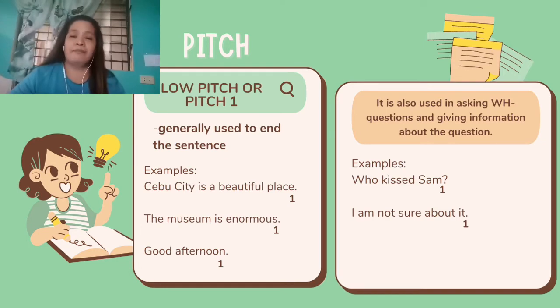Who kissed Sam? Makikita na ang low pitch sa dulo. Who kissed Sam? Bumababa. I am not sure about it. Yung sagot na, I am not sure about it, it is the downfall pitch or the low pitch.